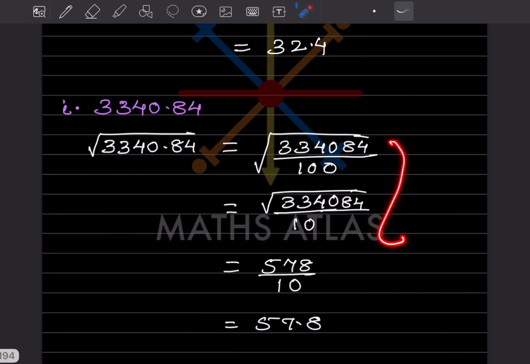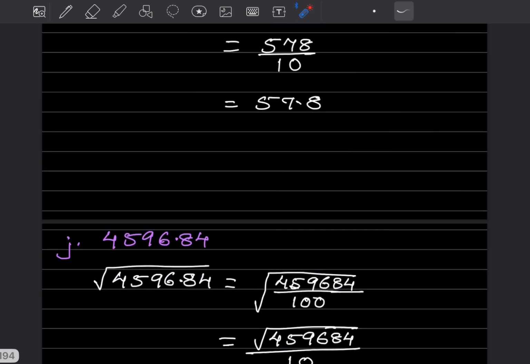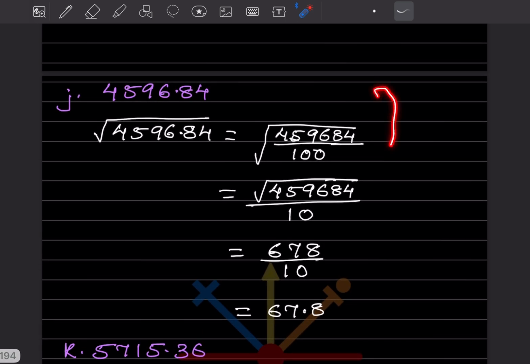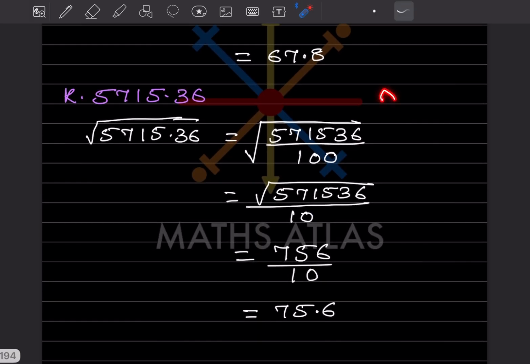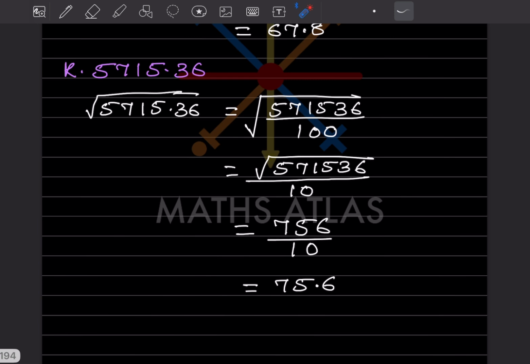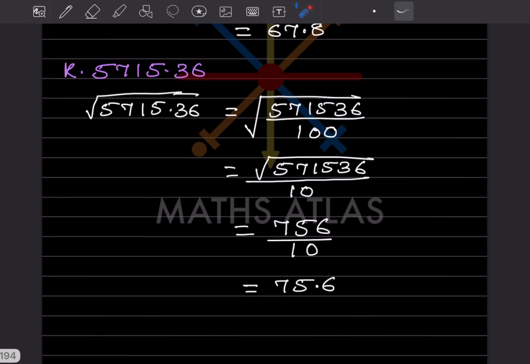Same here, you can check the same type, only the numbers are different. These also are the same type, only the numbers are different. This also is the same. The main thing you should know here is the long division, so it becomes easy to find out because these are the bigger number squares.